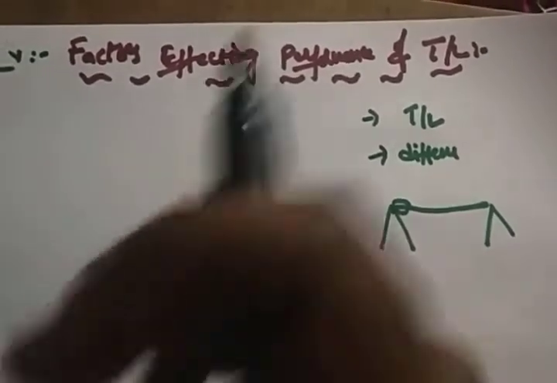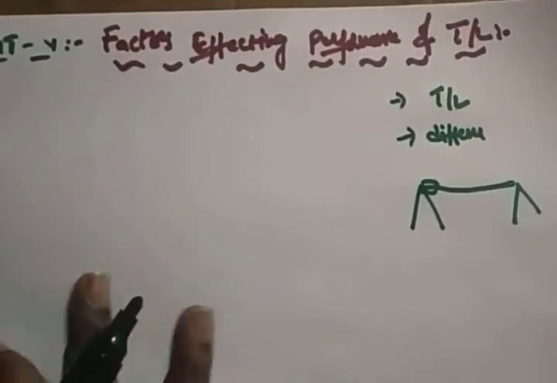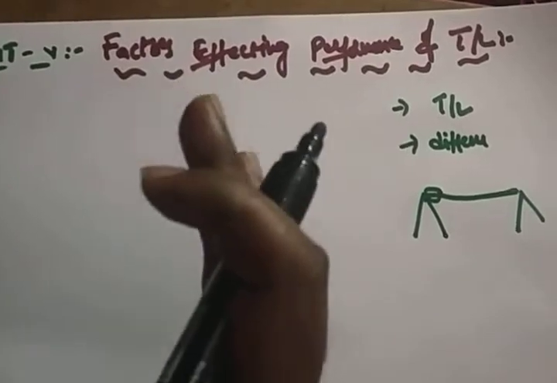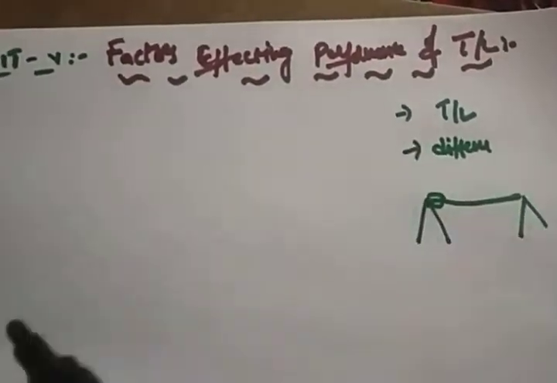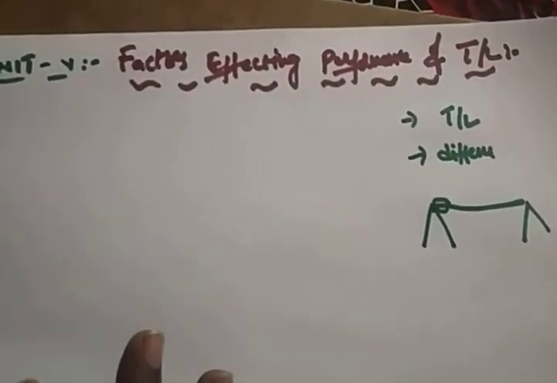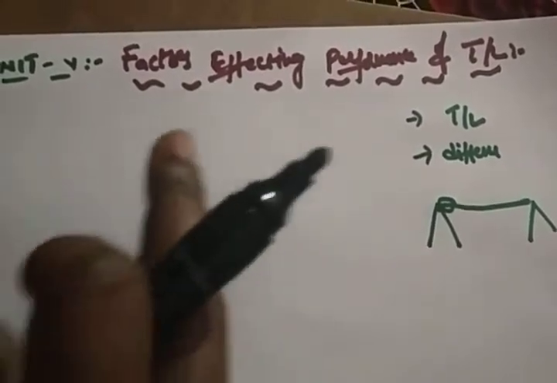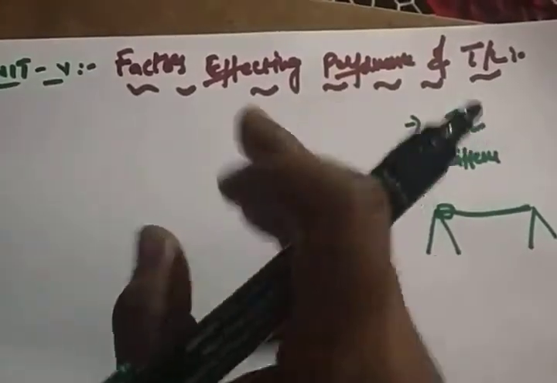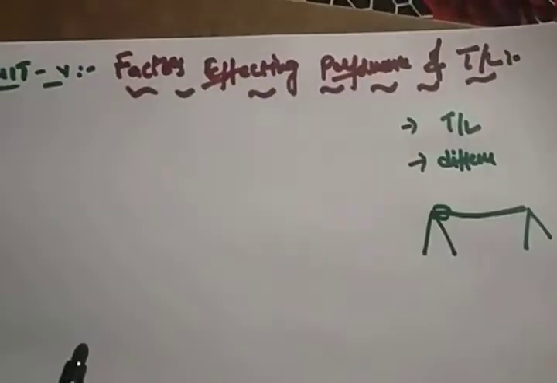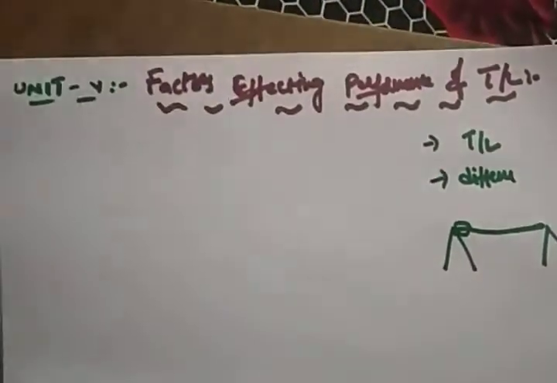Now we have erected the transmission system. The conductor in a transmission line is carrying the voltage or current. If it carries current or voltage, what are the factors that are affected in a transmission system? We should know.